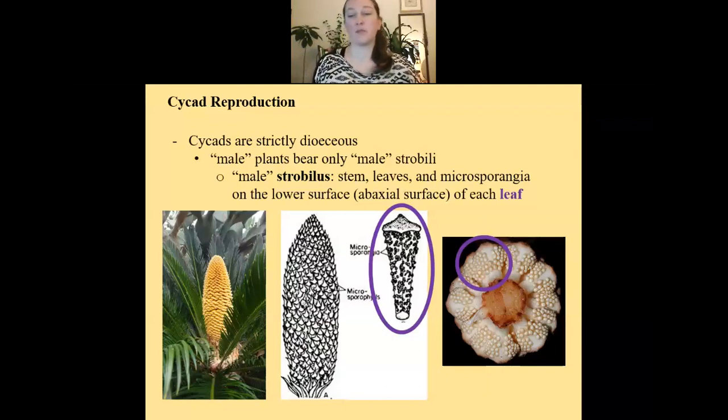They're a lot smaller than the ovules, and there's lots and lots of them per leaf. All right, so this is where we left off last time.